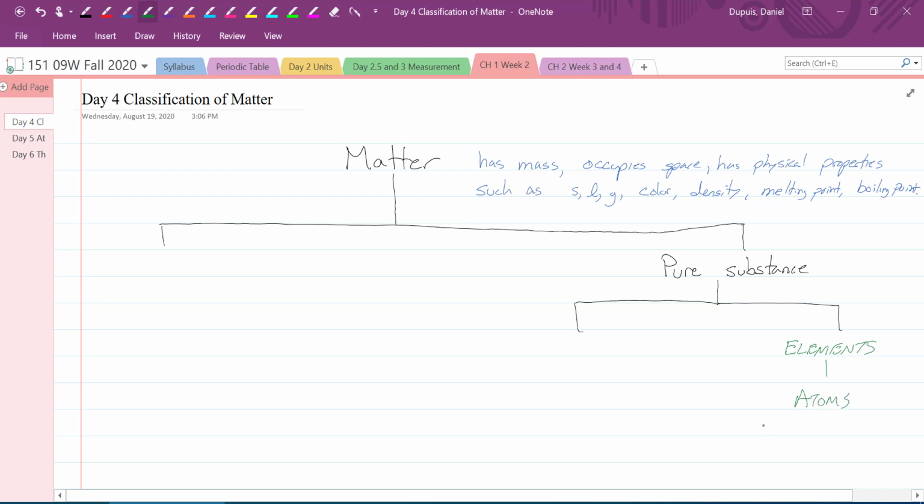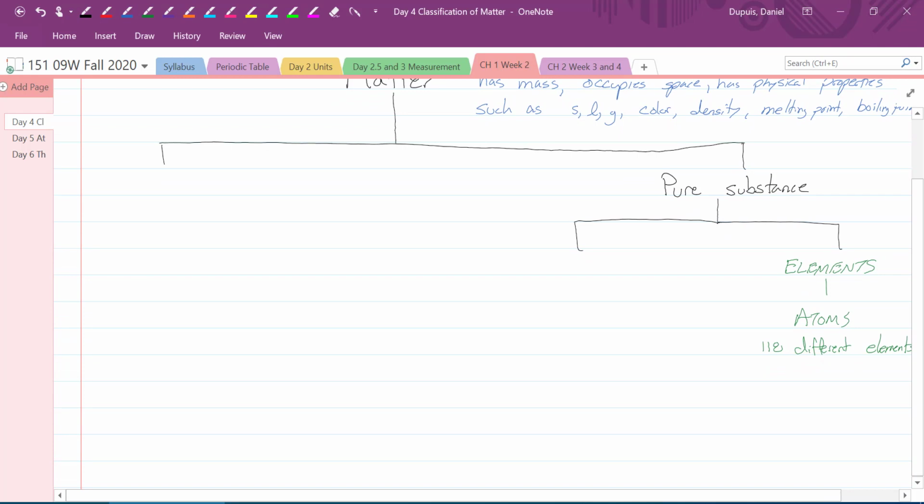And there are currently 118 different elements. With the elements, they cannot be decomposed into simpler substances by chemical means.